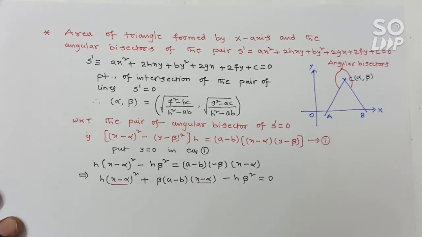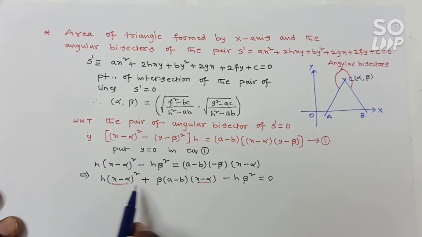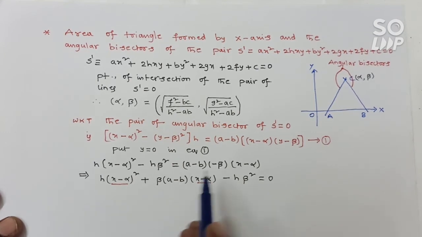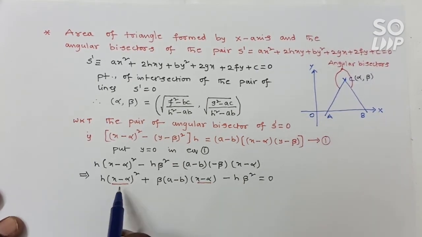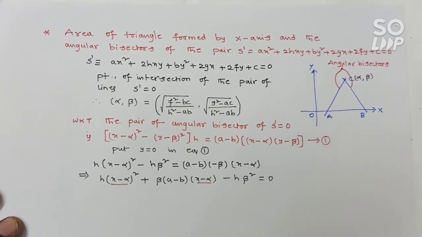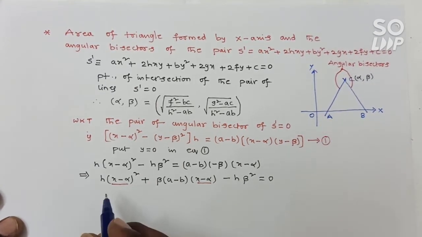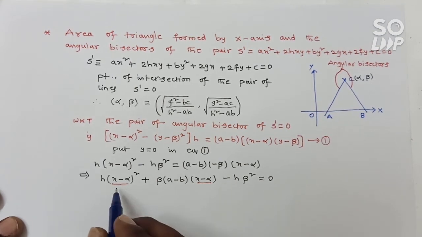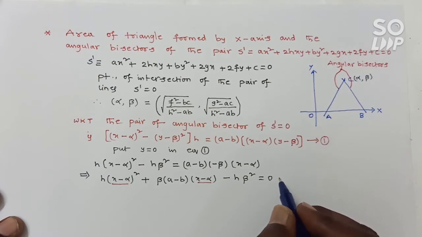Here x - alpha is the variable, so let one value be x1 and the other value be x2. Let this be equation 2.